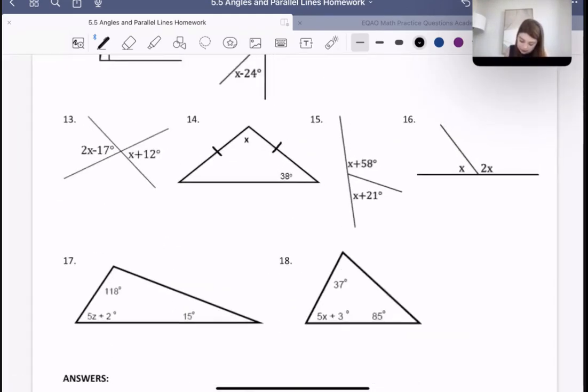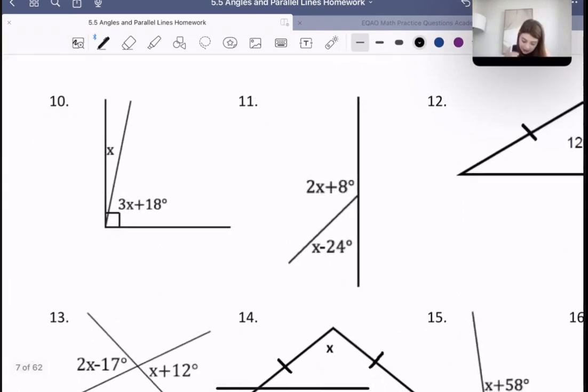Okay, let's move on to this one. Here we have x and 3x plus 18 as our two parts, and we need to solve for x. So how do we do that? Well, we know that these two together must add up to 90 degrees, right? So that means we must have 3x plus 18 plus x is equal to 90 degrees.